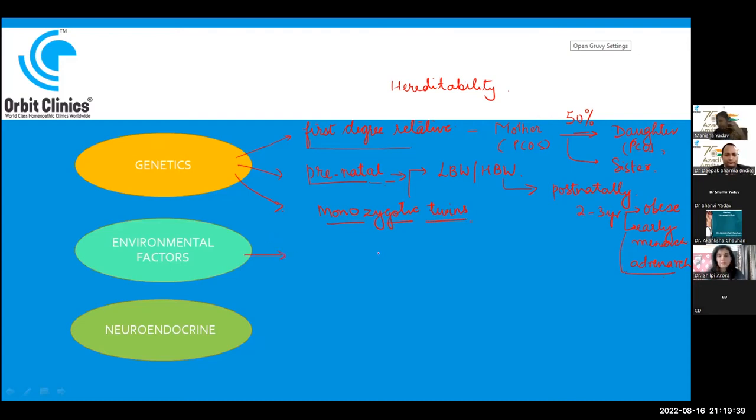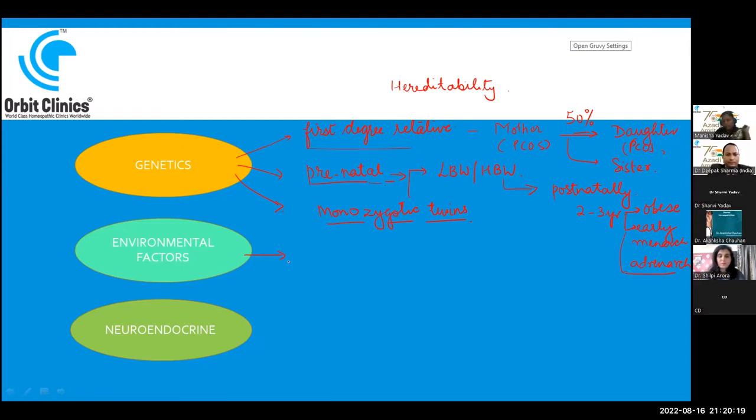When egg and sperm fertilize, a zygote is formed, and at a certain stage of development, it breaks into two, and each develops individually. So both siblings develop from the same zygote and are genetically very similar to each other. So if one of the twins has PCOS, there is a great risk of developing PCOS in the other one.